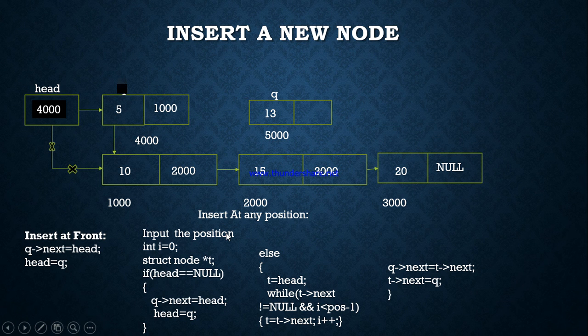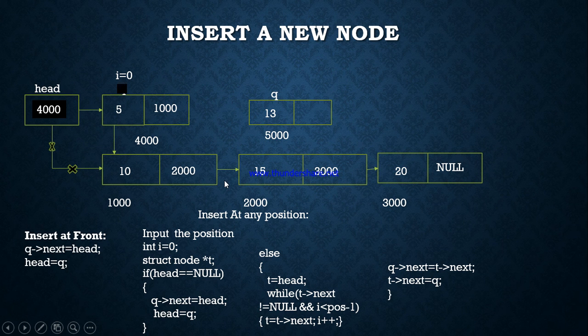Now first of all we have to input our position, in which position we want to insert our node. POS is the position variable. Suppose we want to insert here, as we are starting from 0, 0, 1, 2.